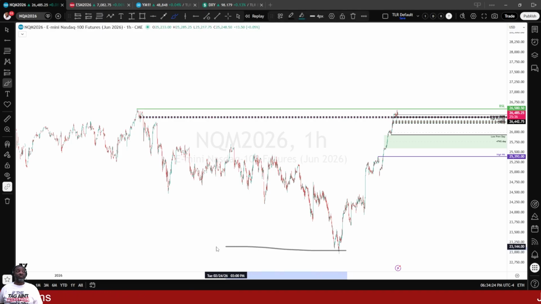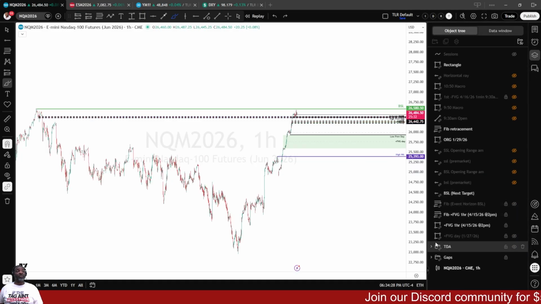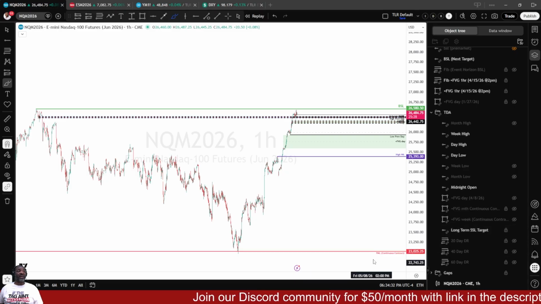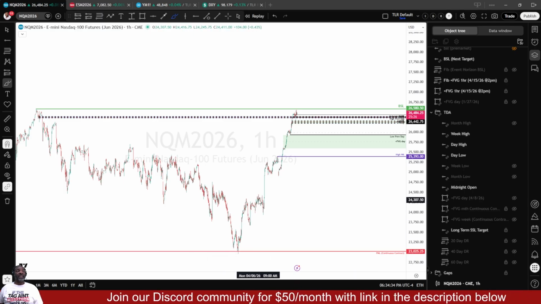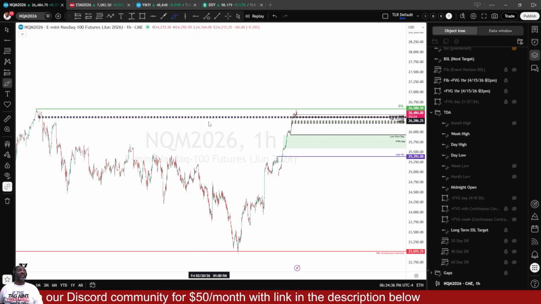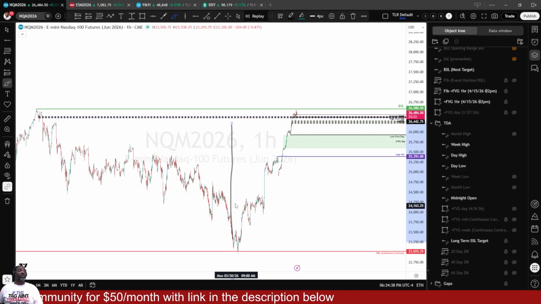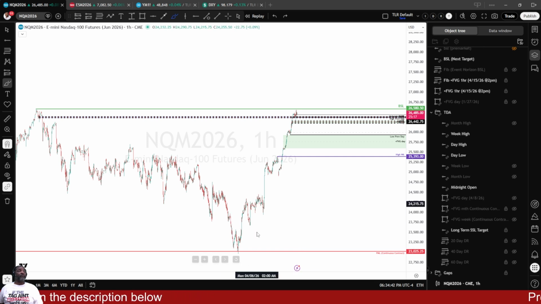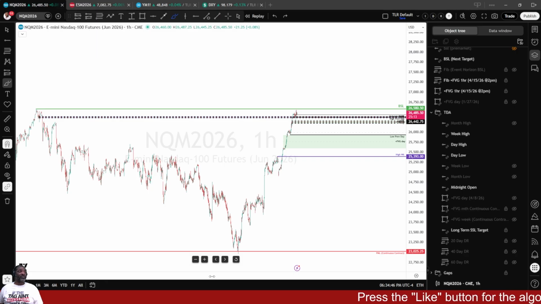We were looking for price to give us some kind of reaction off of that liquidity pool from September 2025. And once we got that reaction, we identified that we were on the right side of a market maker buy model.